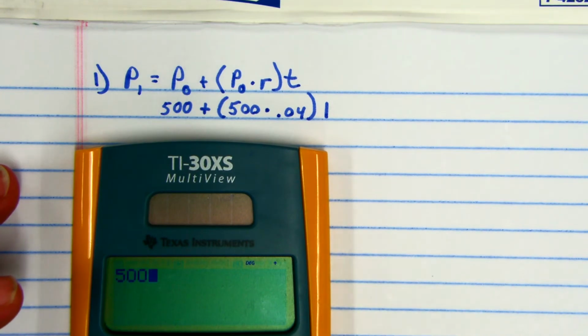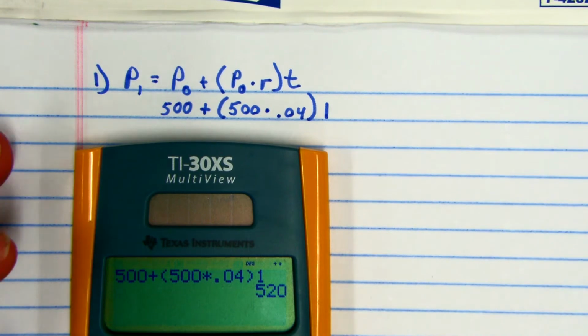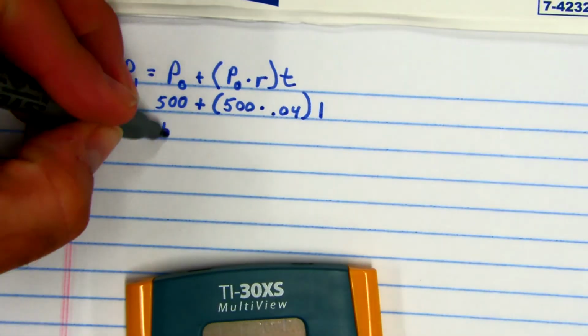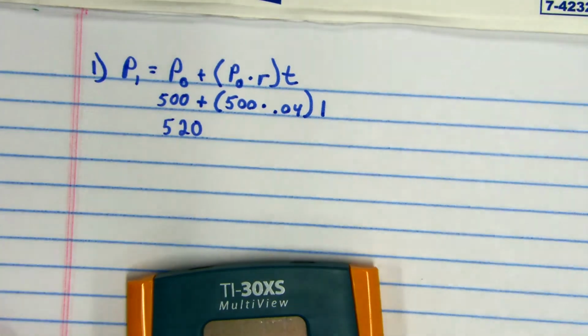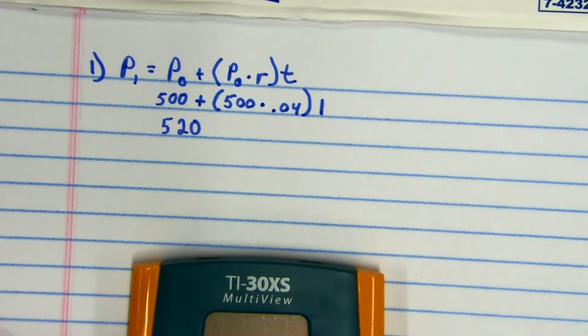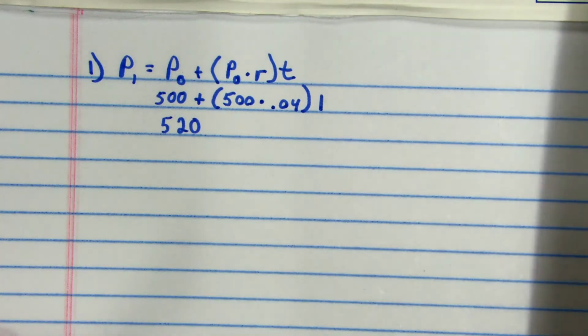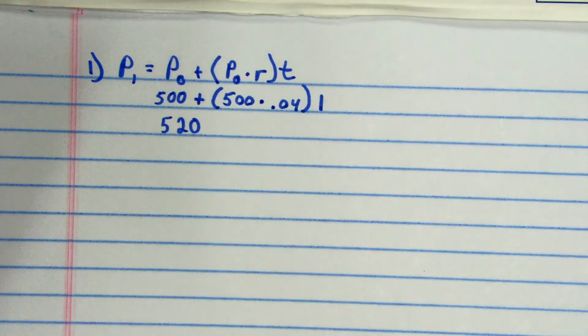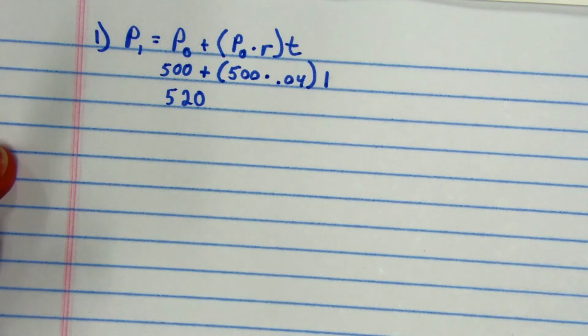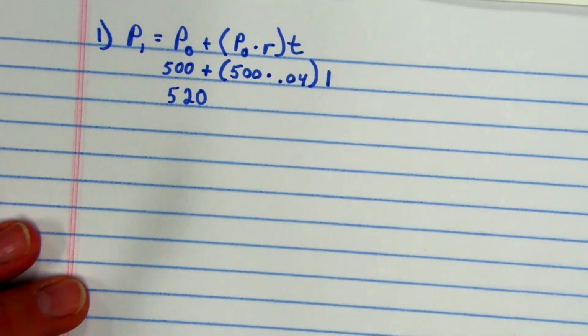So it would be 500 plus parentheses 500 times 0.04 close parentheses times 1, hit equal, and the answer was 520. Many of you didn't have a scientific calculator. It was unfortunate. You have had 22 weeks in which to get one. I believe that's ample time.